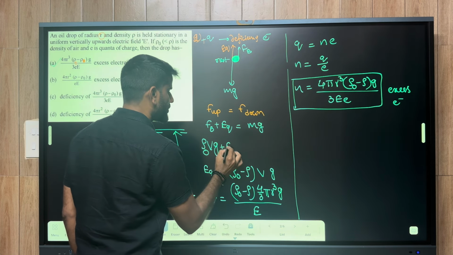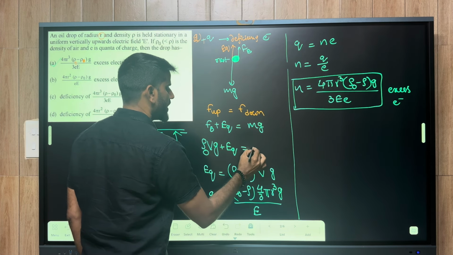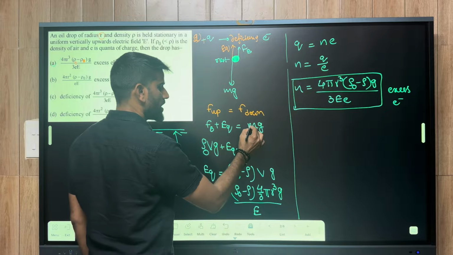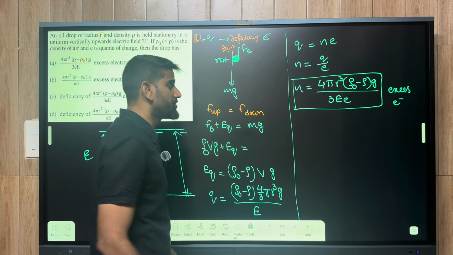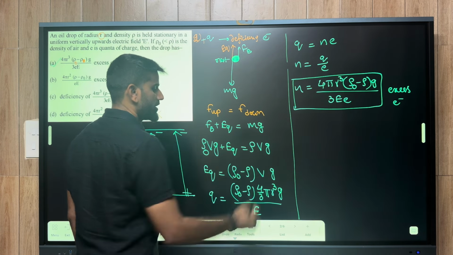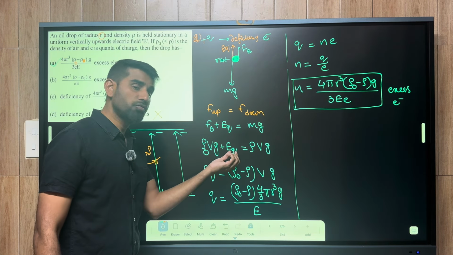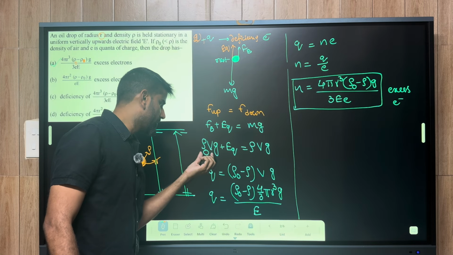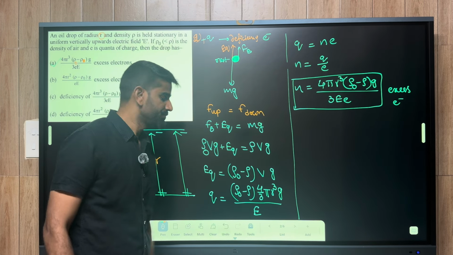Here we have EQ, and here mg is nothing but mass, which can be written as density into volume. Density of the object is rho, volume of the object is V, into g. As I want to find the charge, I will take this entire term to that side.